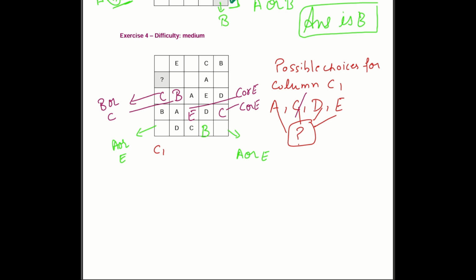Only A, D, E are left for column 1 for the question mark. Here the choices are A or E. That is not satisfied yet. Now move to here. Choices are A or D. We know that D is already present here, so we can't take two Ds here.